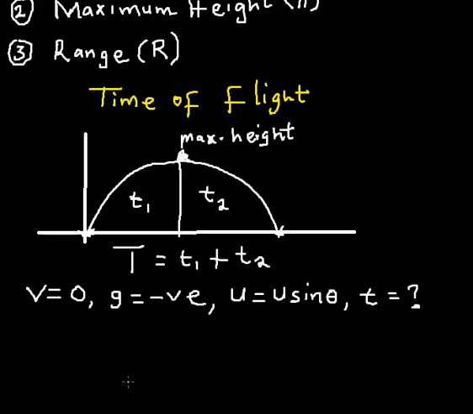Let me call it t1. So which equation of motion? That is the very first equation of motion, which is v = u - gt1. So v is 0, u is u sine theta, then minus gt1.